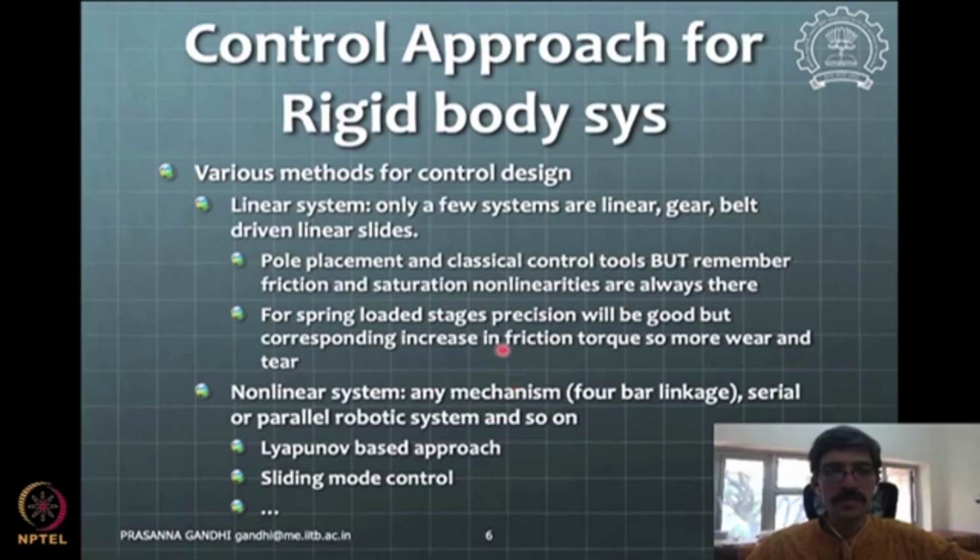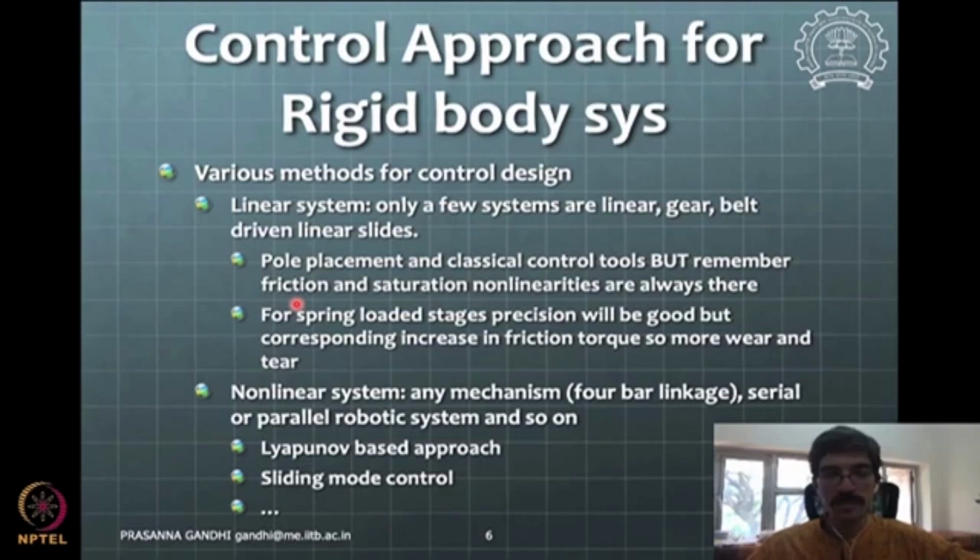For linear systems, you have approaches based on pole placement and classical control tools. You just need to remember that there is friction in the system, and many of the approaches you are taking may not completely represent the system in its full sense without friction.